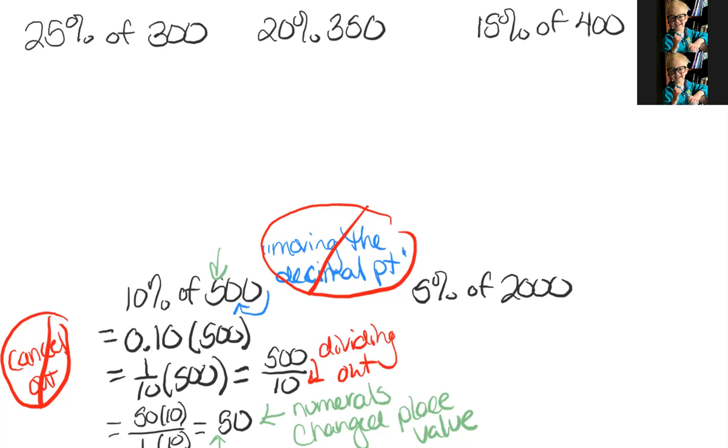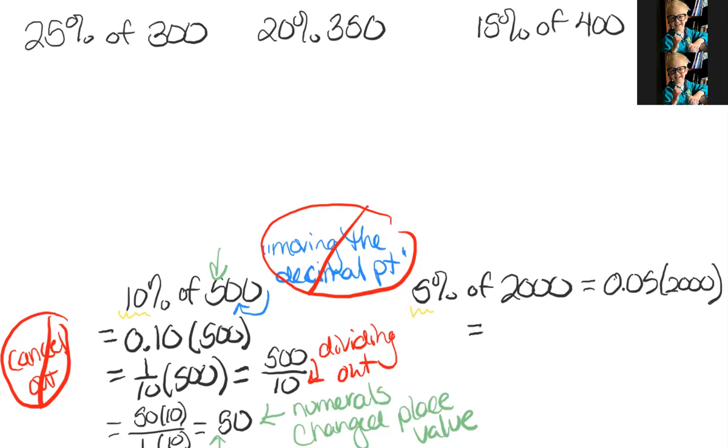So let's think about, what is the relationship between 10% and 5%? If we look at 10% and 5%, well, 5% is half of 10%. So we can still use this same idea of finding 10%.